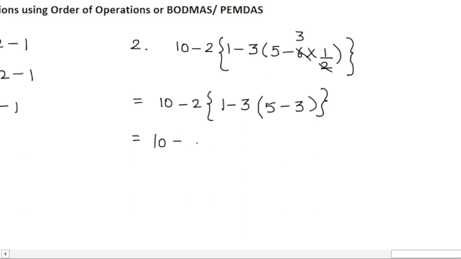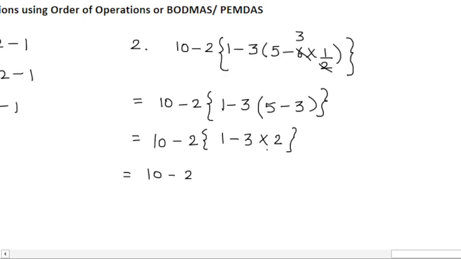10 minus 2 curly bracket 1 minus 3. Now when we solve this small bracket, 5 minus 3, the answer is positive 2, and when positive 2 is written, there is no sign whatsoever between this 3 and the bracket, which means multiplication is happening. Again we have this bracket, and the contents of the bracket have a negative sign and a multiplication happening again.